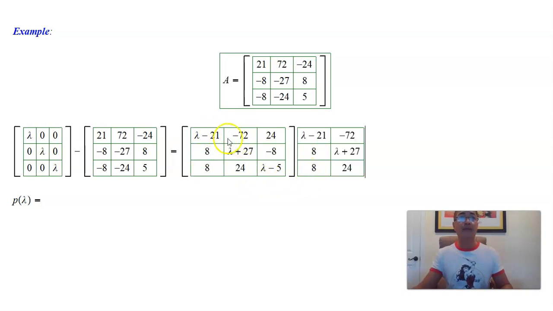One easy way is to just copy the first two columns to the right, and then we go multiply, multiply, multiply, add together, multiply, multiply, multiply, subtract. Okay? So yeah, if your matrix is not triangular, it's a little bit more tedious to find the characteristic polynomial by hand.